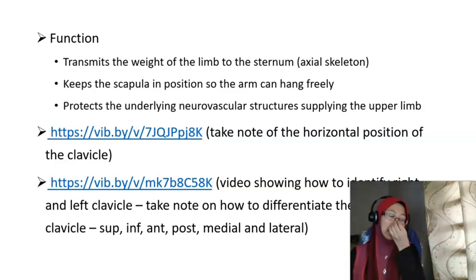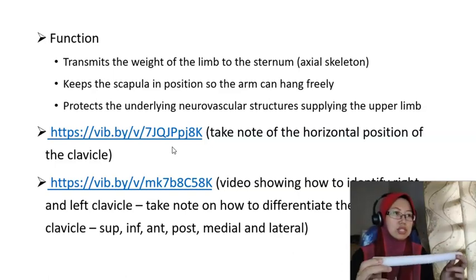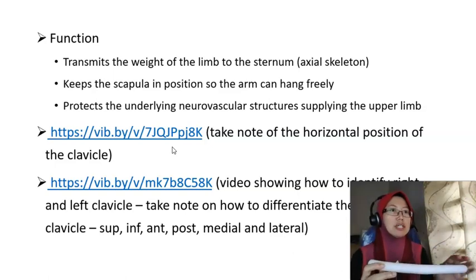Okay, and you can watch the video that I have embedded here, so that you can further understand how the position of clavicle in human body and how to differentiate between the surfaces of clavicle.